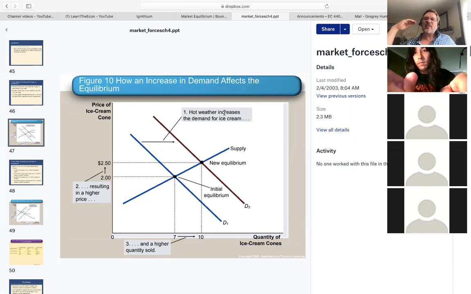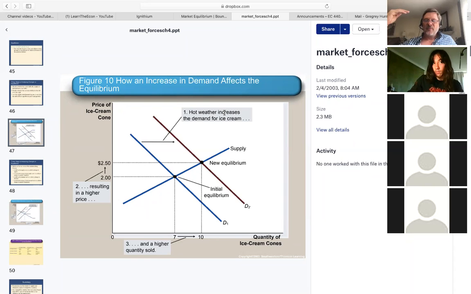But remember that we had those categories. Are we changing the consumer's income when the weather changes? I don't think so. No, that's not obvious, right? Are we changing the price of a related good? What's a substitute for ice cream? Maybe it's frozen yogurt. Did we change the price of frozen yogurt?